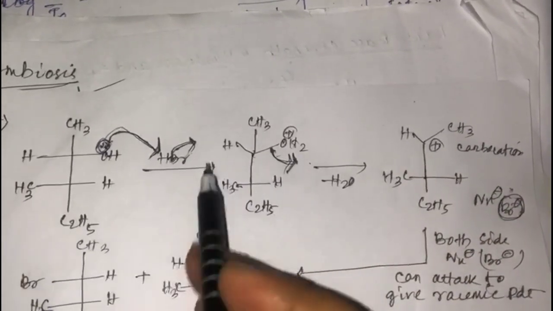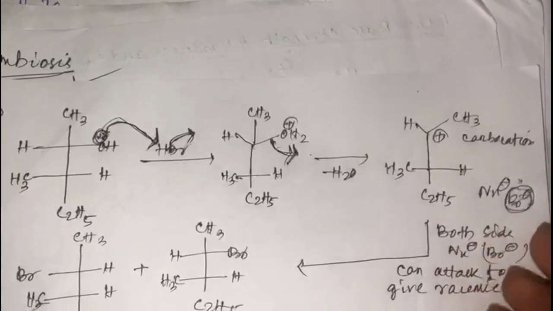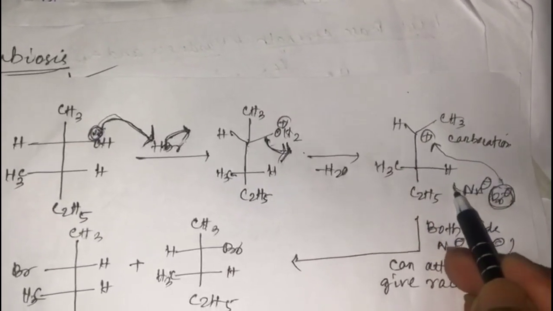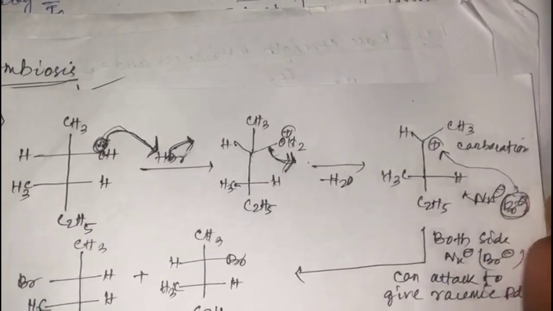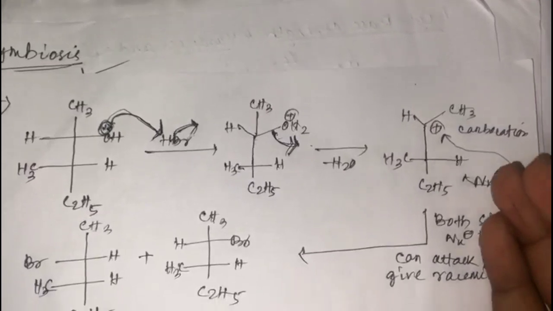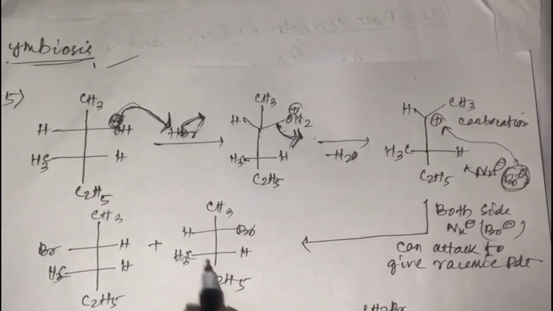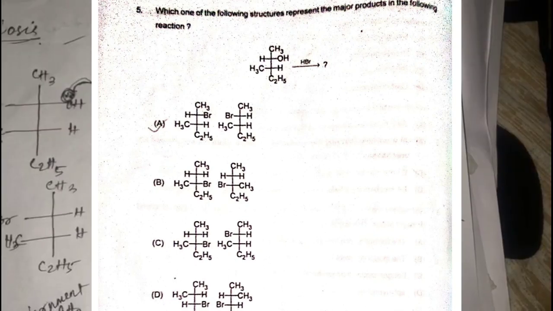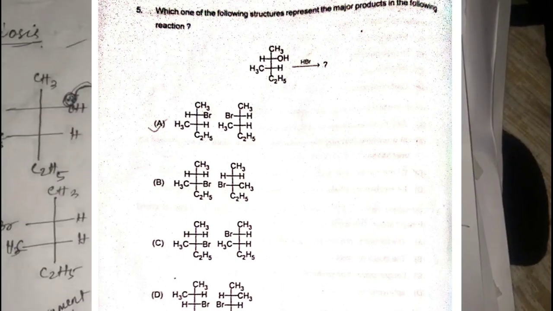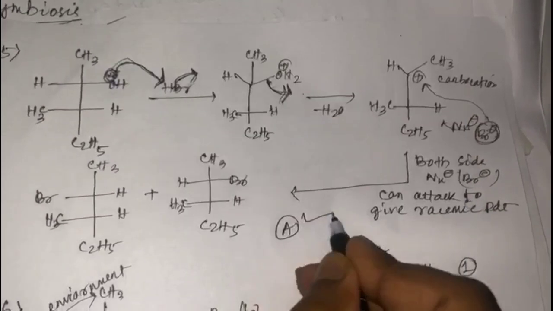So you have a nucleophile, that is Br minus. This nucleophile can attack both sides, above the plane as well as below the plane, to give you a racemic product. So this racemic product is obtained. The correct answer for this particular question is A.